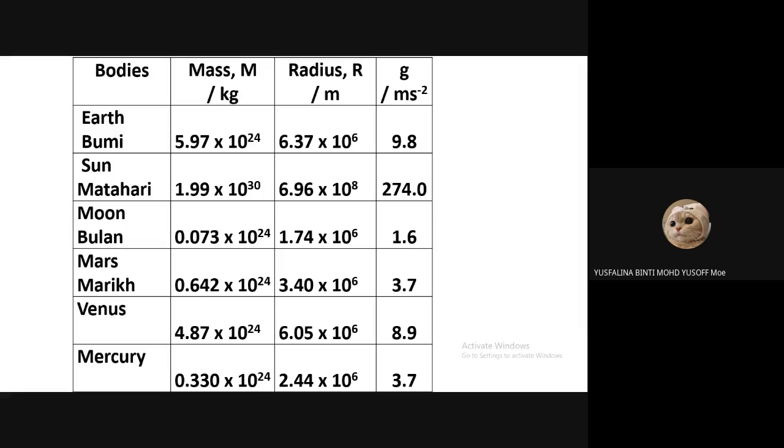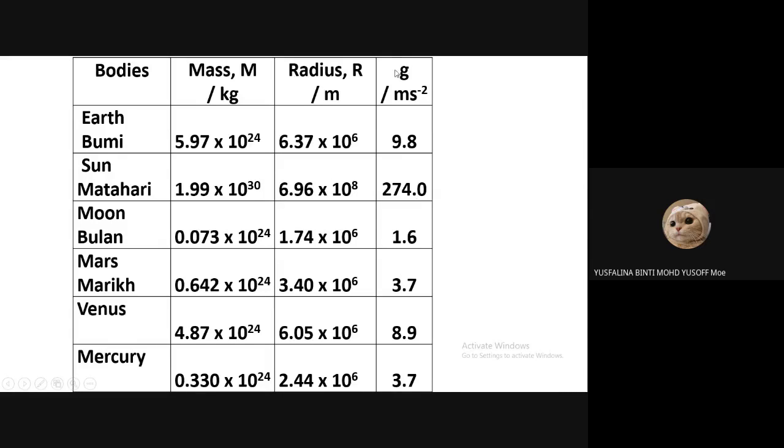This is the comparison of the gravitational acceleration between the earth, the sun, and the moon. You can see the sun has the highest gravitational acceleration, that is 274, and the lowest one is the moon, 1.6.